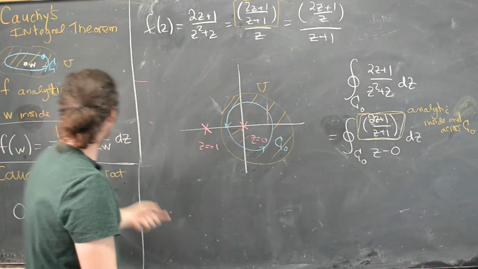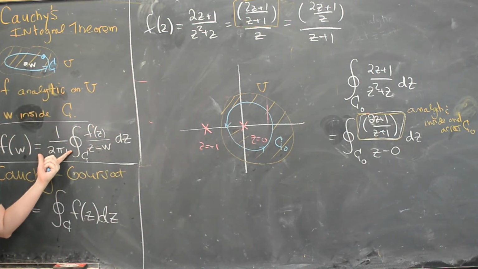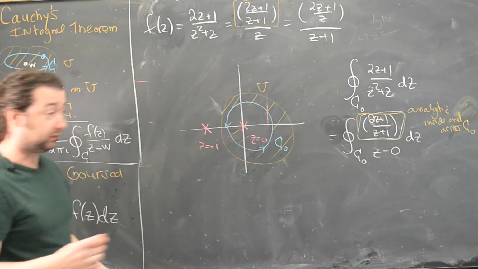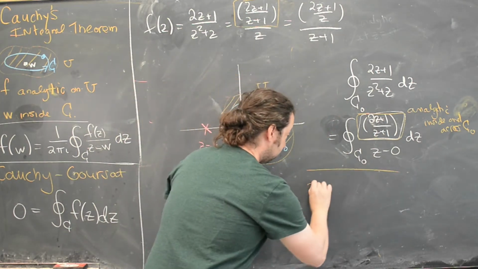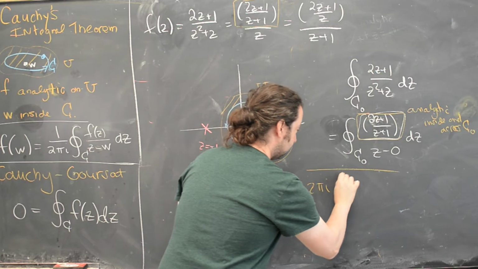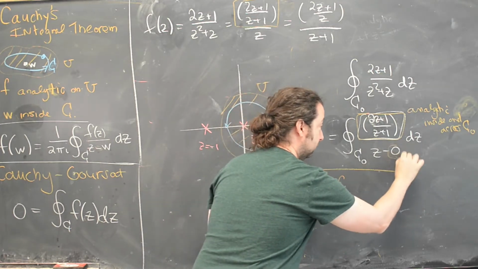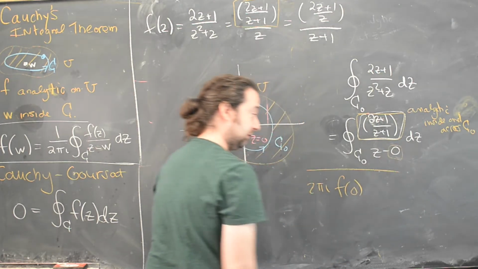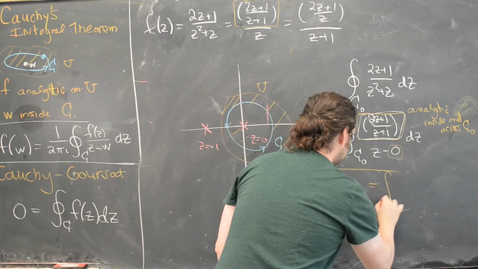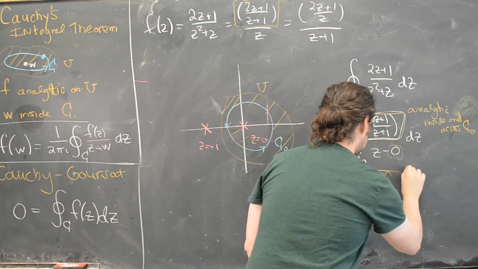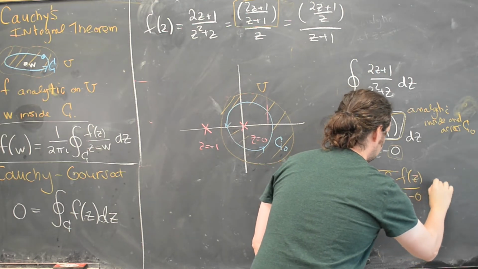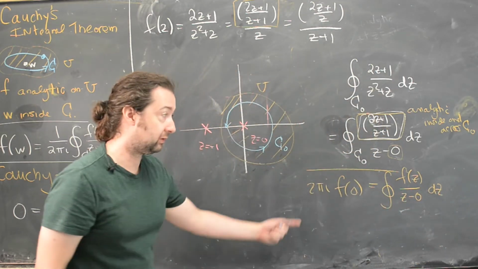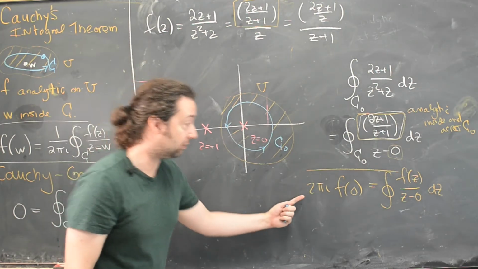And that means that the Cauchy integral theorem applies here. So immediately I can say, well, this must be equal to 2 pi i times f of the w value, which is right here, must be equal to the integral of f of z over z minus 0 dz. That's what the Cauchy integral theorem tells you, that this must be true.